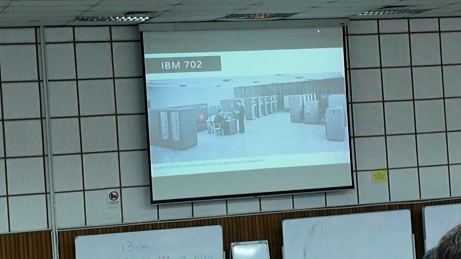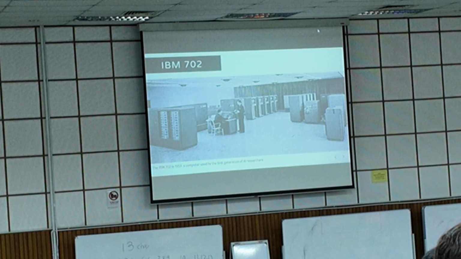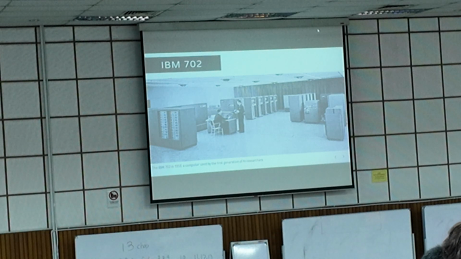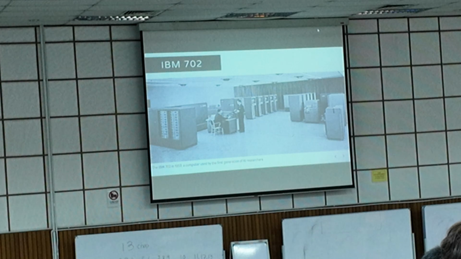So, what do you think? Computer server. Server room? Computer? Server. Okay. Does anyone think it is something other than a computer or a server?